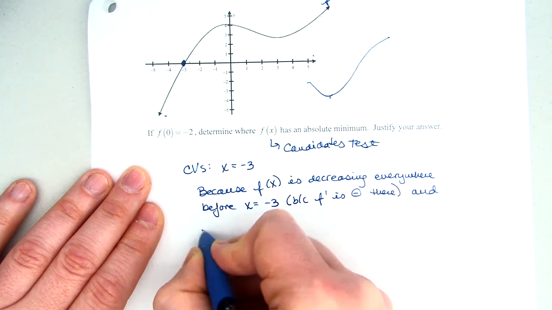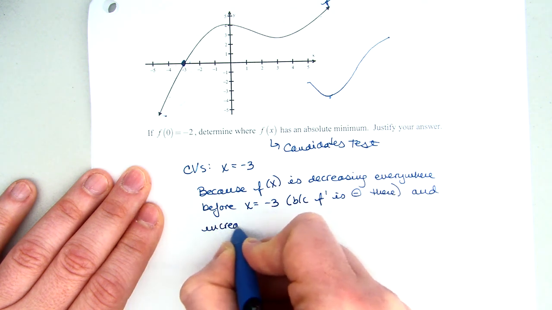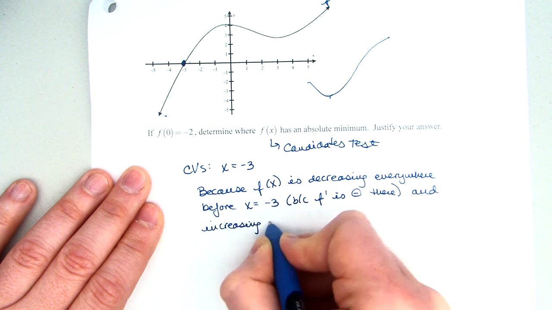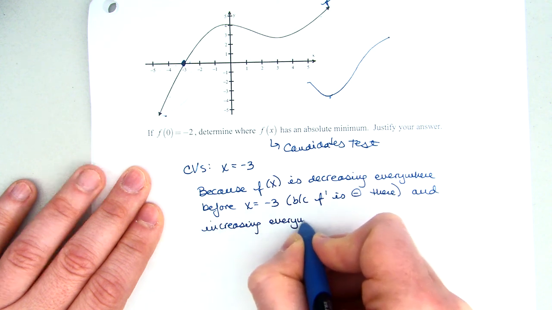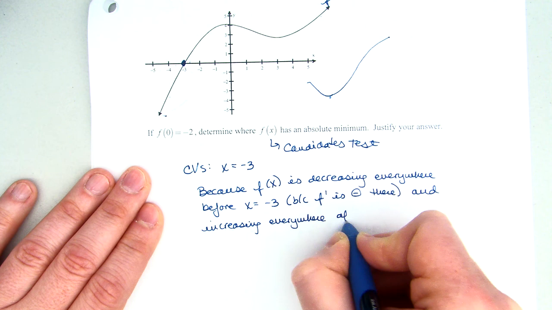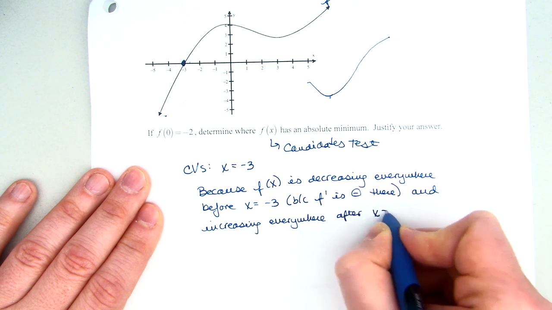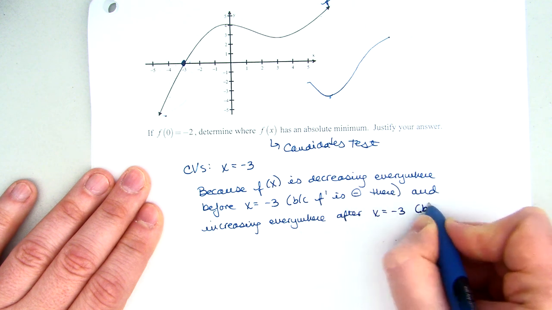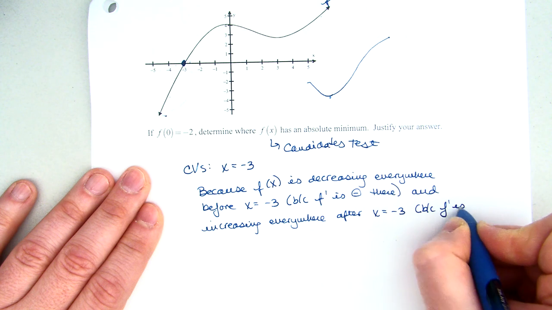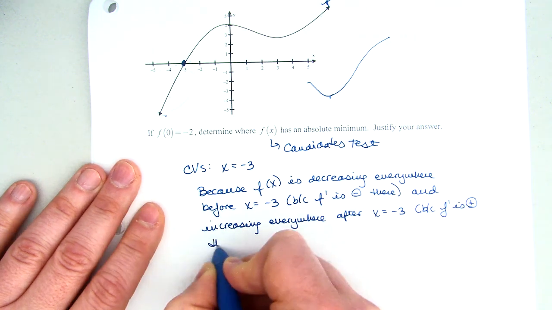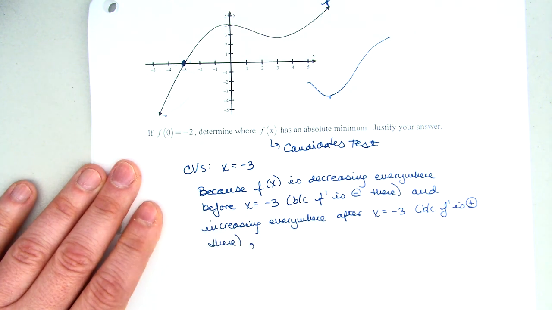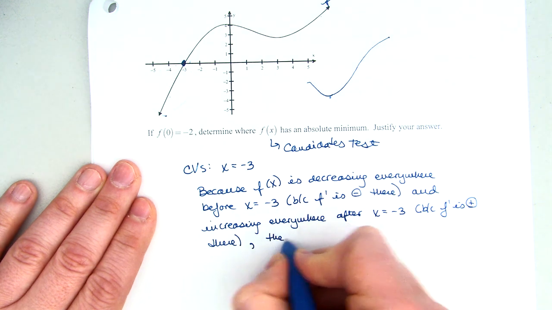And increasing everywhere after x equals negative 3. Why? Because f prime is positive there. The absolute minimum must occur at x equals negative 3.